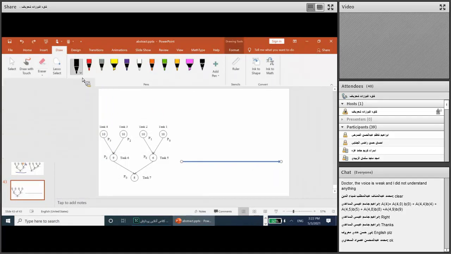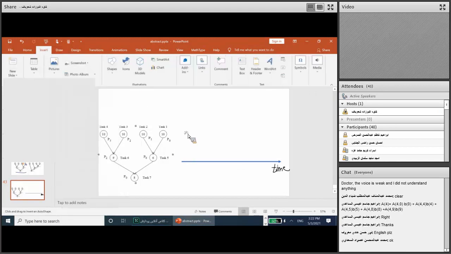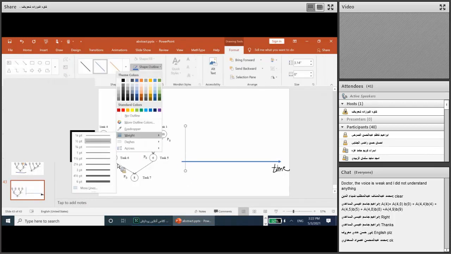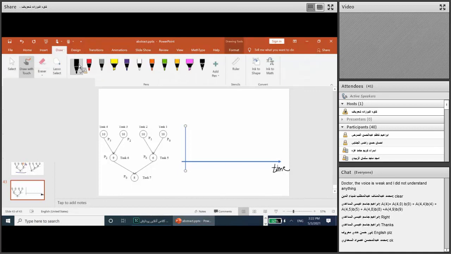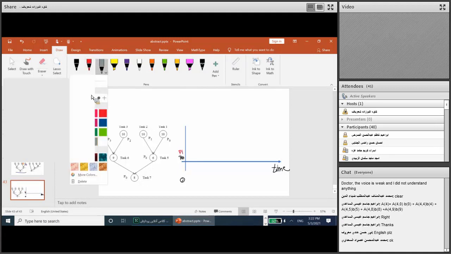This is the time axis. Here is time 0. And here are process 0, process 1, process 2, and process 4.